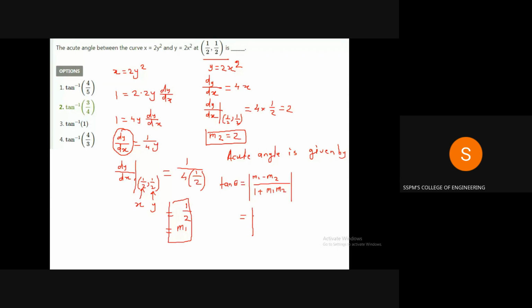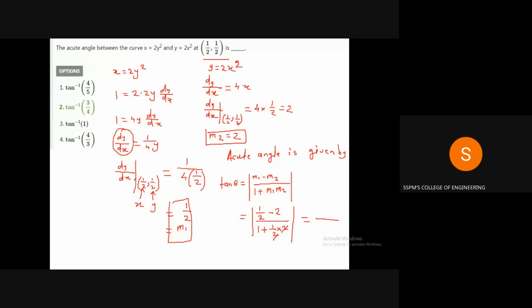So what is m1? The value of m1 that we found out is 1 by 2, minus m2, that is 2, divided by 1 plus m1 m2. Again, m1 is half into m2, and m2 is 2. This 2 and 2 will get cancelled. What will remain? 1 plus 1.